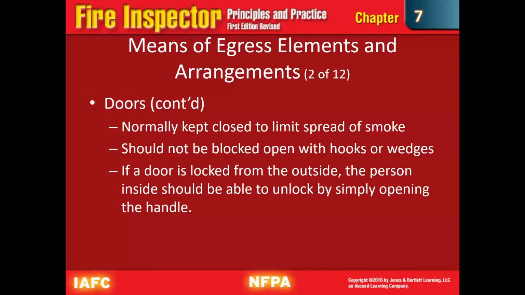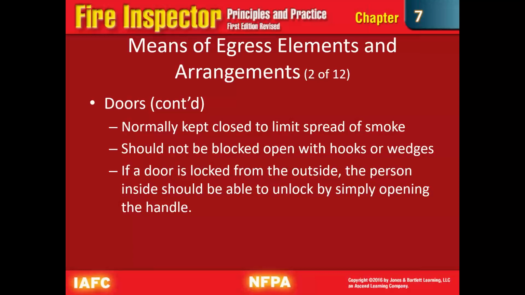They're normally kept closed to limit the spread of smoke. A good example is in a hospital where you're walking down a hallway and there's a set of doors. Those doors are typically connected to a magnetic system that keeps them open. In the event of a fire, the fire alarm is pulled and it releases the magnetism on that element and allows the doors to close.